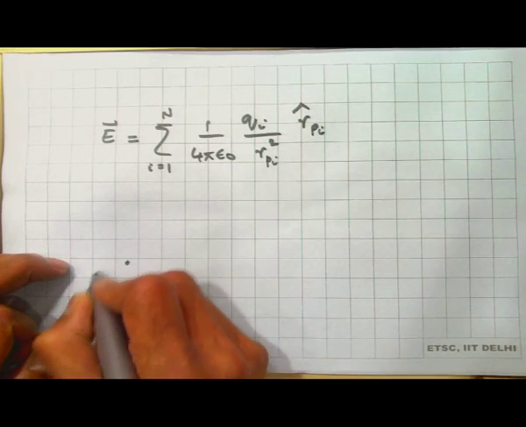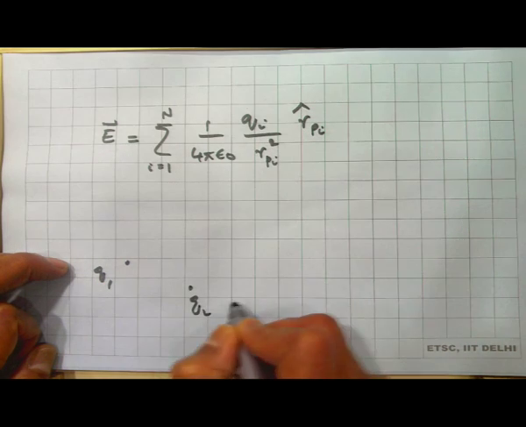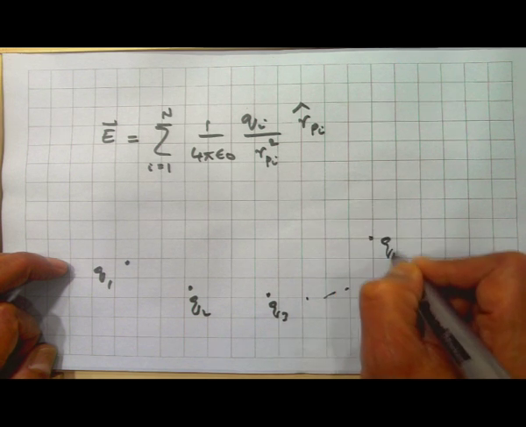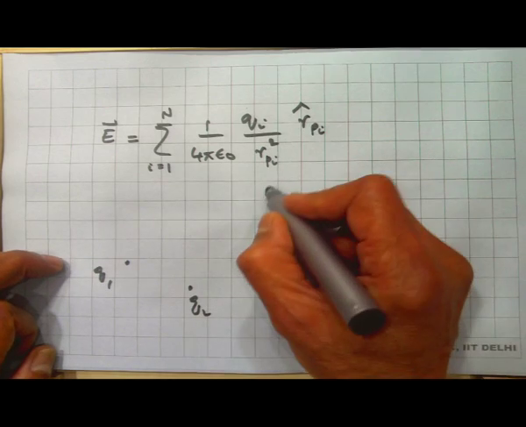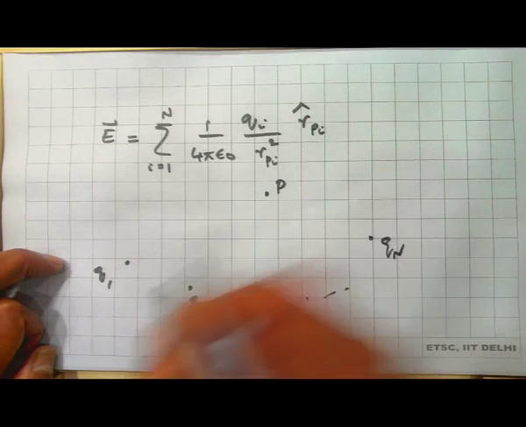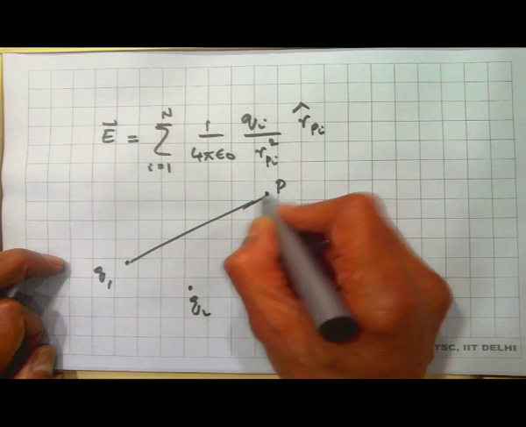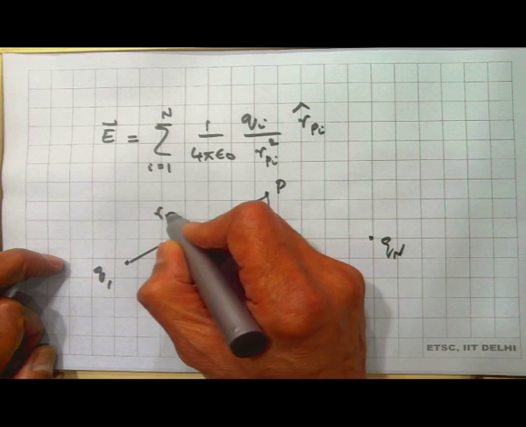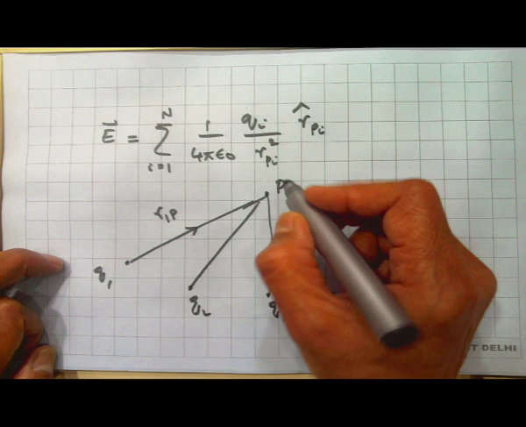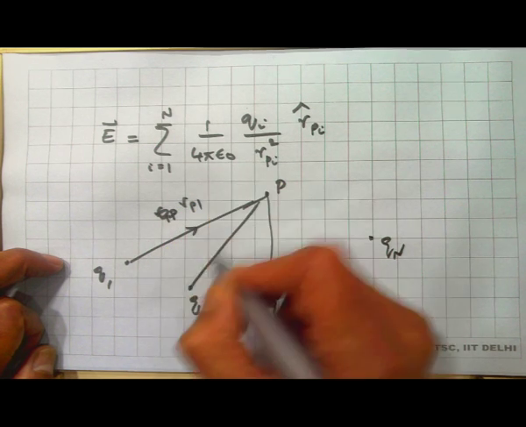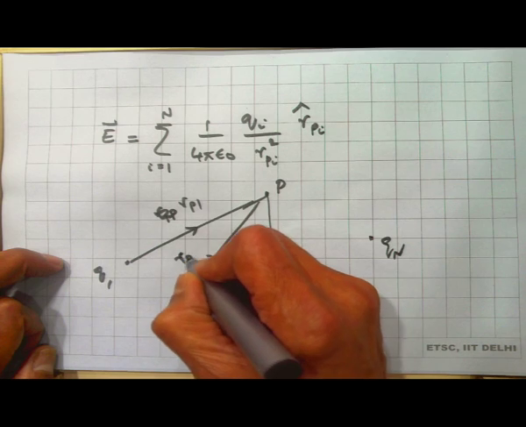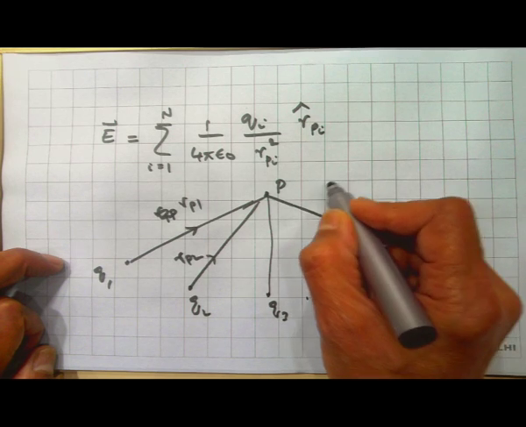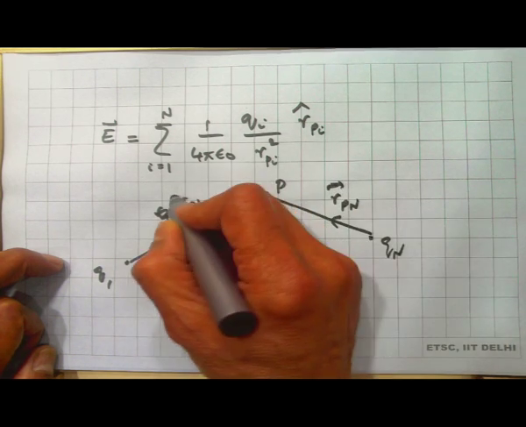So, I have a number of charges q 1, q 2, q 3 and so on up to q n, and I am trying to find the electric field at this point P. I have these lines joining them: this is r p 1, this is r p 2, etcetera, and finally this one is r p n. These are all vectors here.